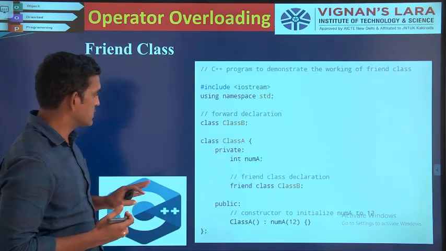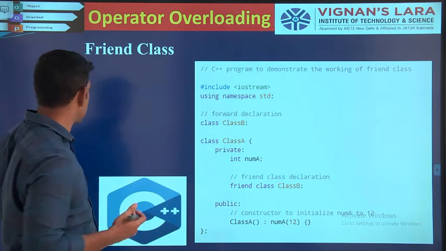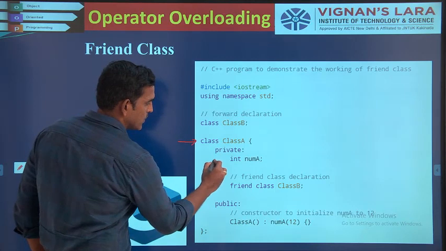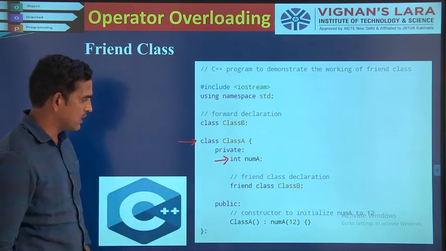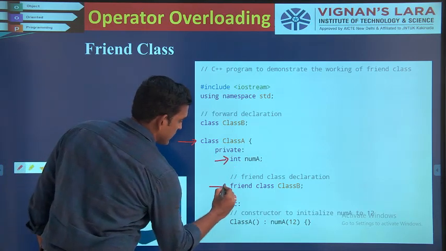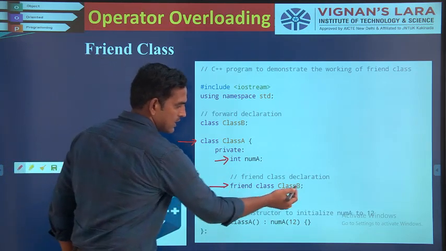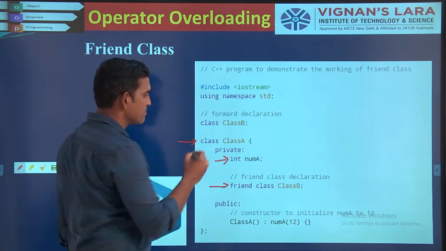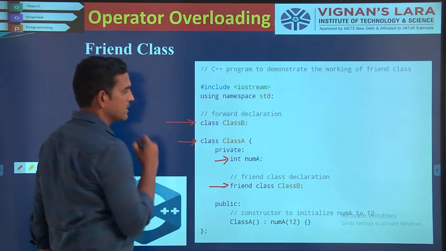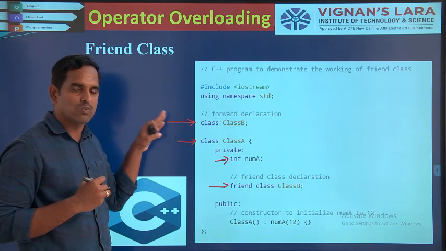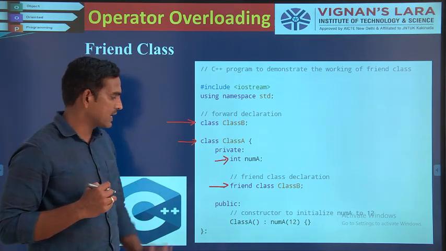If you see this example, we have the class A. Inside class A we have numA, that is one number, and we have declared class B as the friend class. Since you have not yet defined class B, we are forward declaring class B; otherwise we will get an error.